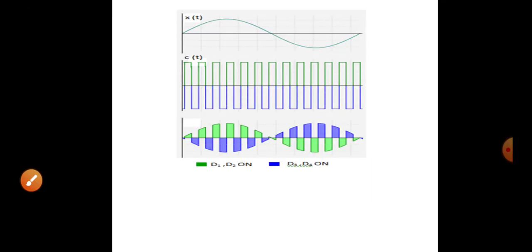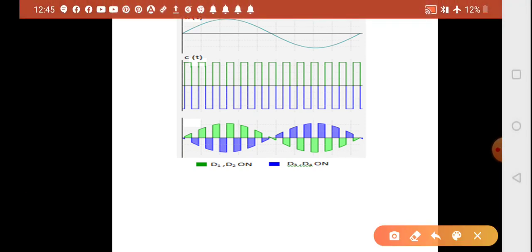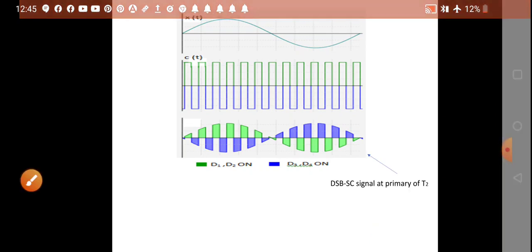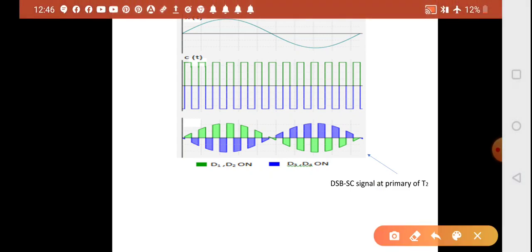From the diagram you can see here the message signal m(t) like this, and the square wave carrier. When you have the positive cycle of c(t), m(t) appears positive.